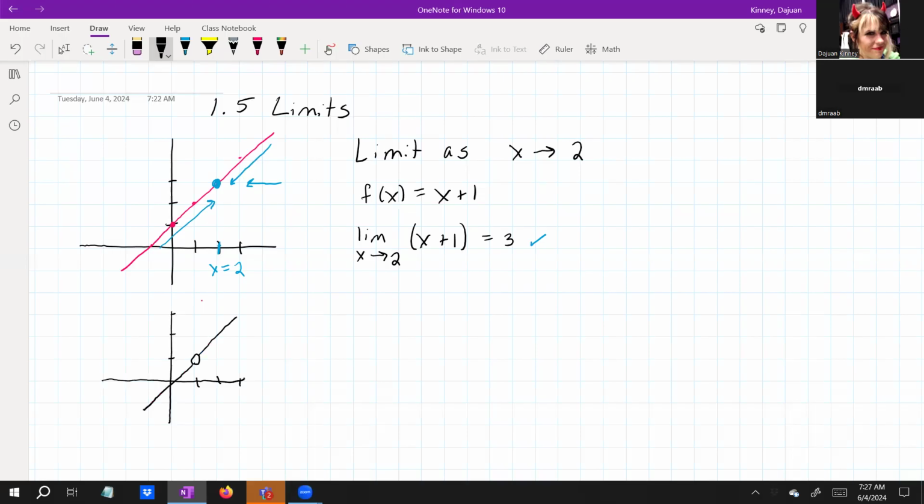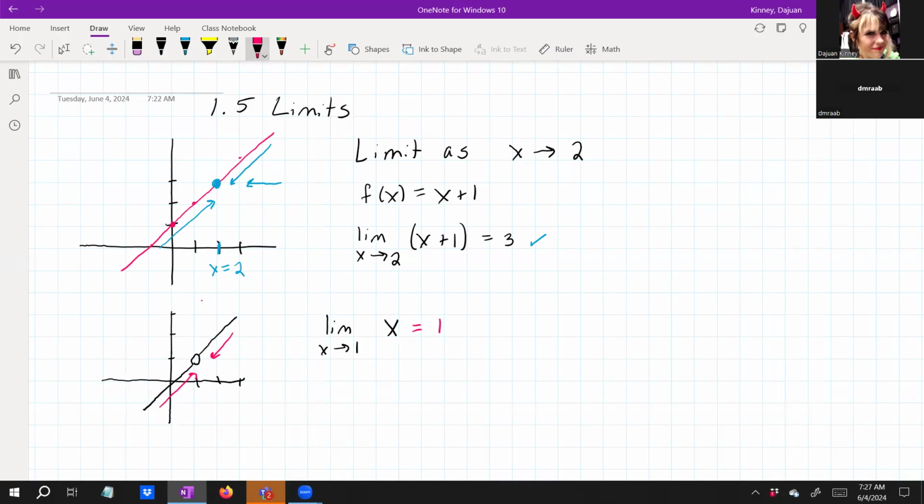We can still look at limit as x approaches 1. Our hole is at 1, and this is just plain x. So at 1, our function doesn't exist, but our neighbors say, hey, we're moving towards 1, and we're moving towards 1. So our limit is just 1 here.